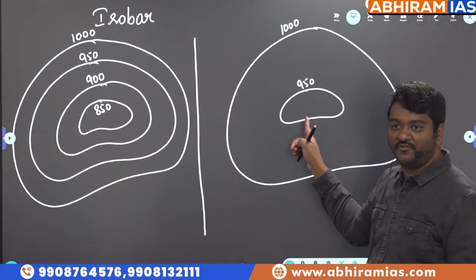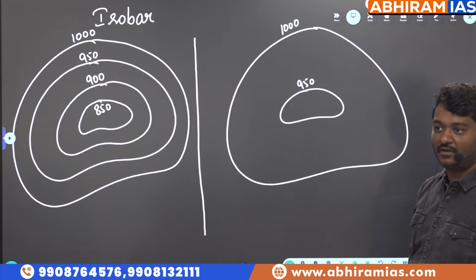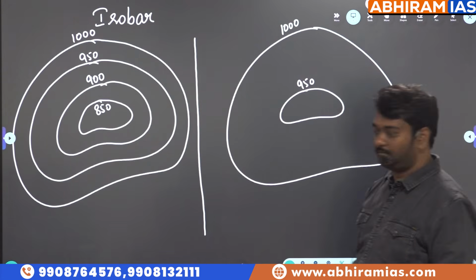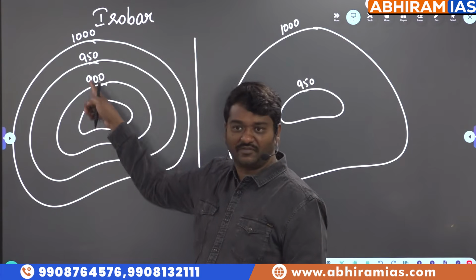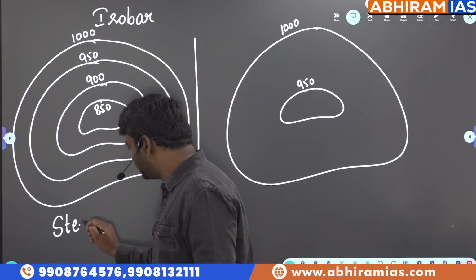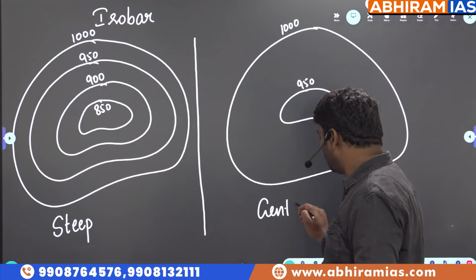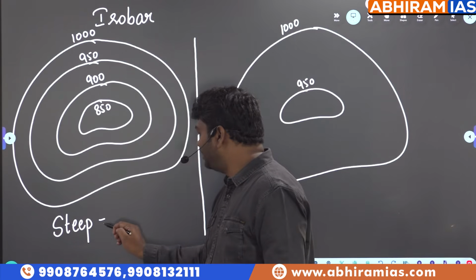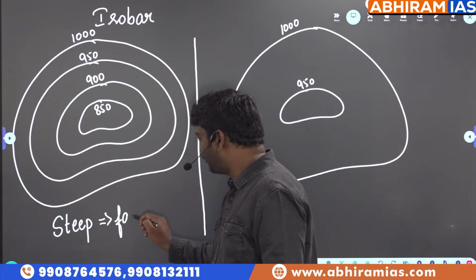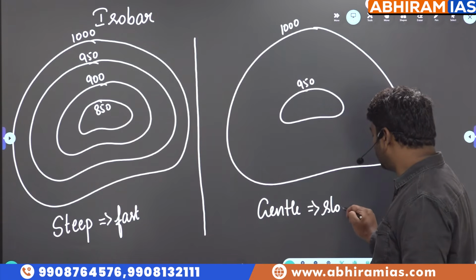And how much is the pressure difference here? 50. Which one will be steep? Which one will be gentle? 150 pressure difference means what? Steep. 50 pressure difference means what? Gentle. Here wind speed will be fast, yes, high. Here it will be slow.